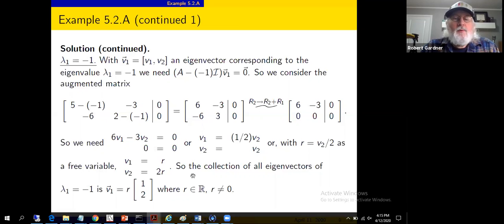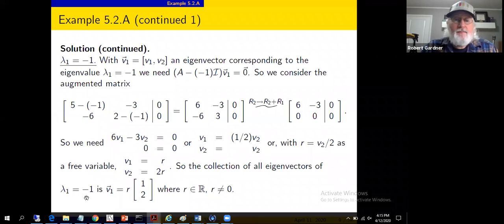So anyhow, we get then that the vector v must be of the form r times a vector with first component 1 and second component 2. R can be anything. Can't let r equal 0 because the 0 vector doesn't count as an eigenvector. So here's the complete collection of eigenvectors associated with the lambda 1 equals -1 eigenvalue.